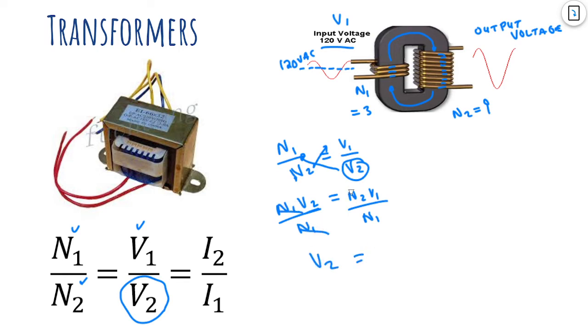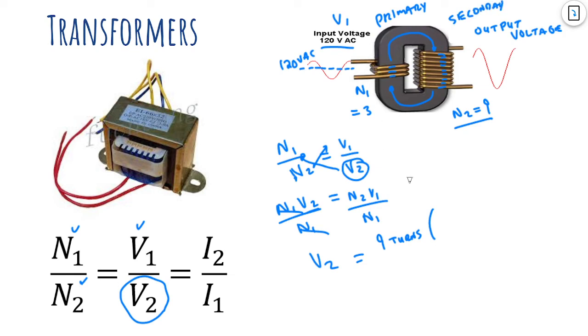V2 equals N2, we said that was 9, times the voltage on side 1, on the primary side is what they call that. This is the primary, and this is the secondary coil.